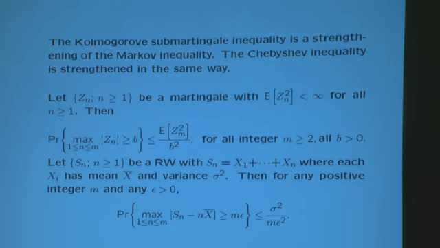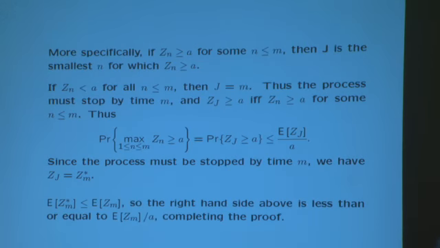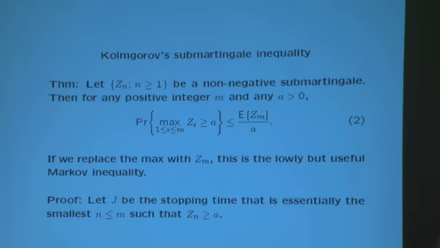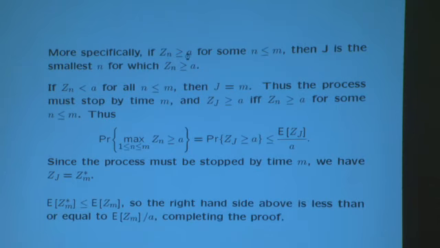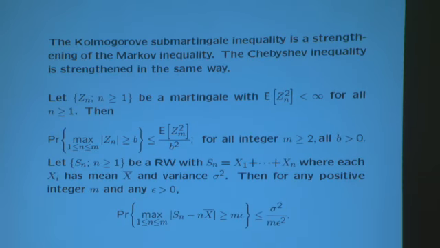You'll notice that that's almost the same thing as the submartingale inequality. That one says the probability that the maximum of Z_i is greater than or equal to a, and this one says the probability that the maximum of Z_n is greater than or equal to b is less than or equal to the expected value of Z_m squared over b squared.